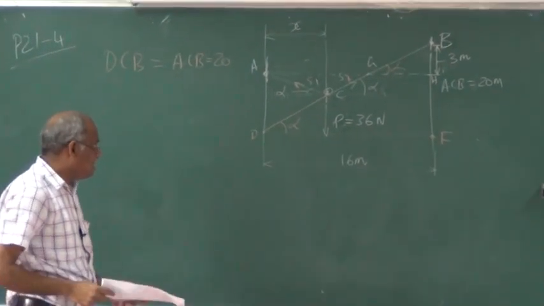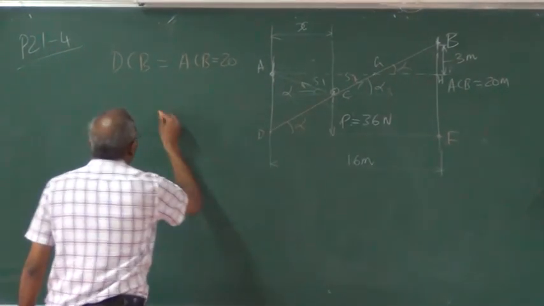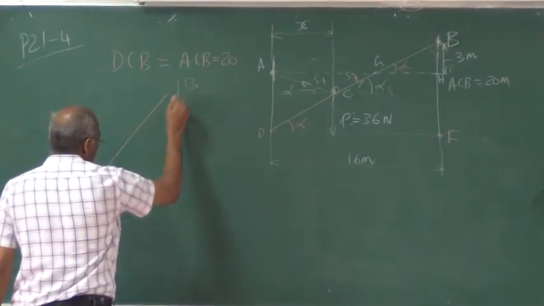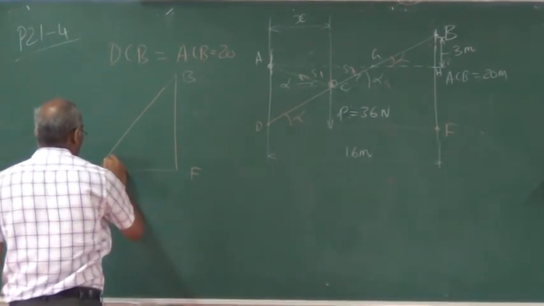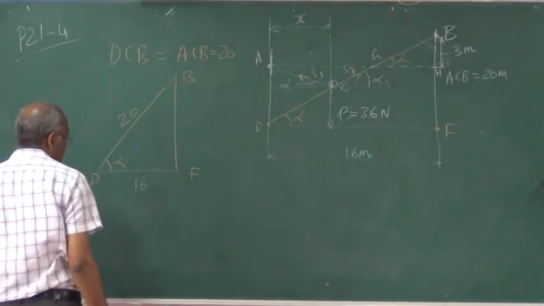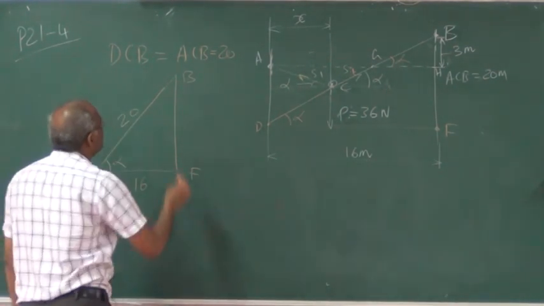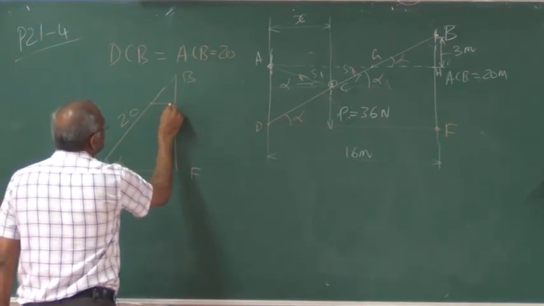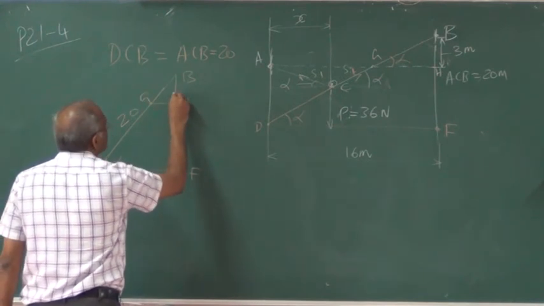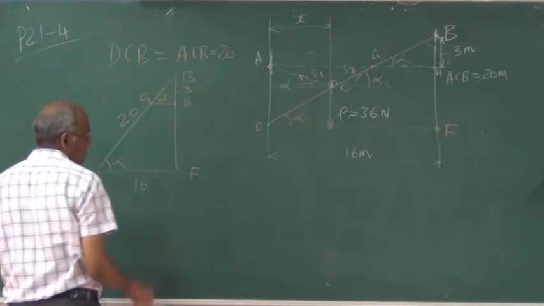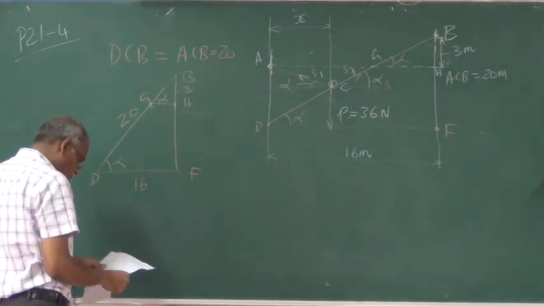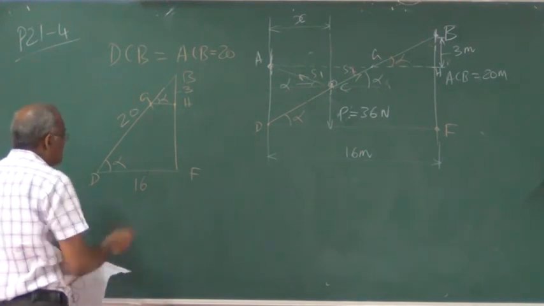So that is an important thing. If you look at the triangle BDF, here that is alpha, this is 16, this length is 20. From this we can determine alpha, and this point is your G and H. So alpha is known, and this distance GH can be found out.